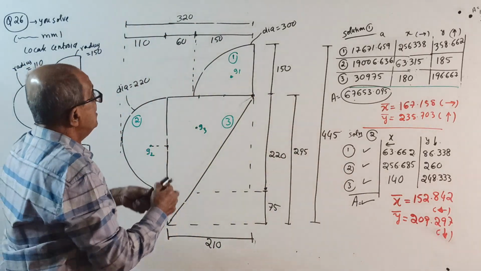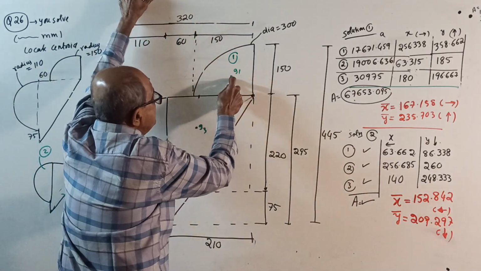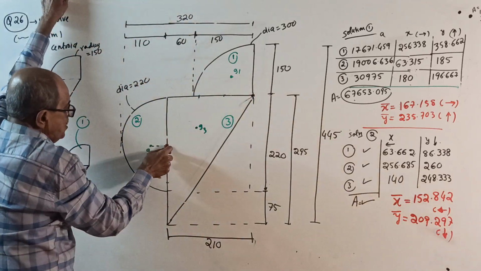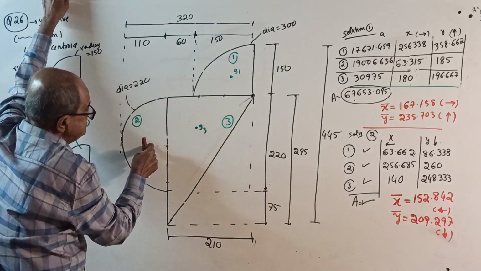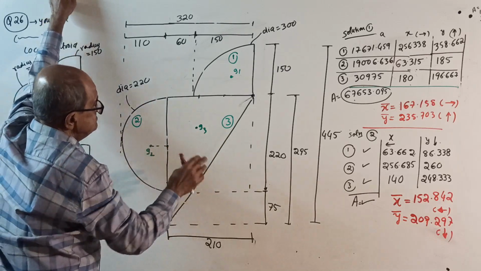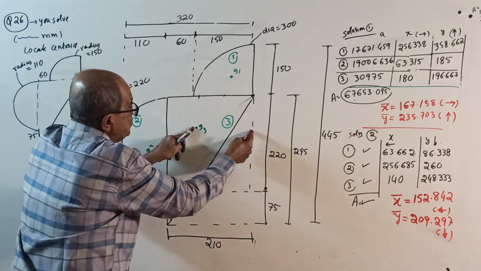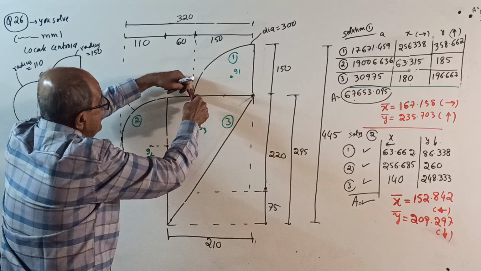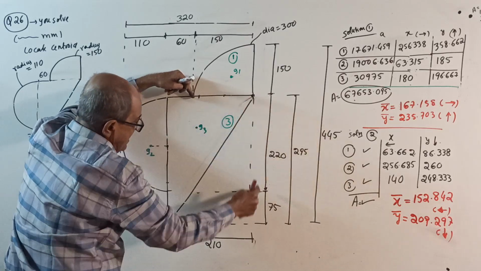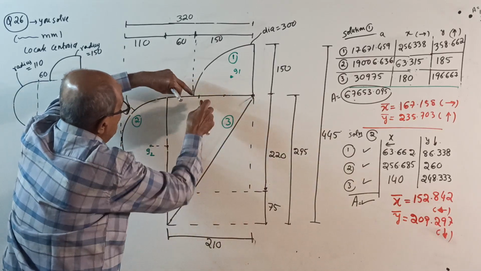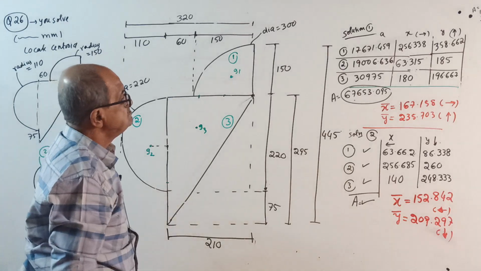Now you should write 4r by 3 pi, exactly at the center. One third of 210, two thirds of 210, or one third of 295, two thirds of 295, since the full triangle height is 295.